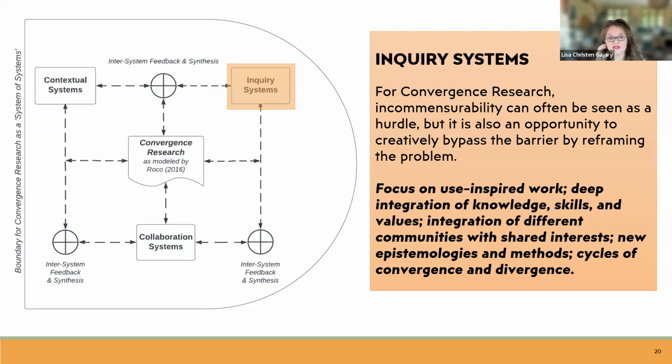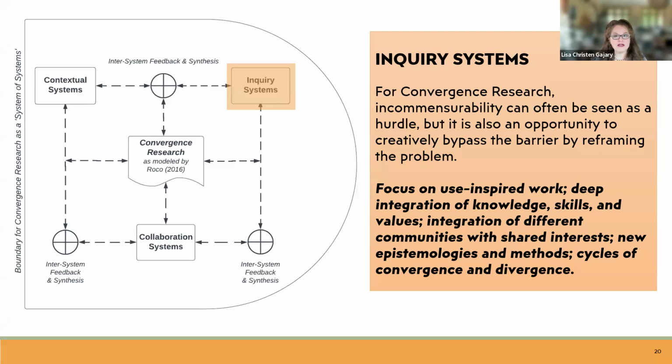This series is focused on deep integration of knowledge, skills, and also values. Not only thinking about integration that way, but also thinking about integration of communities, communities of practice, and those with shared interests, and how new epistemologies, new methodologies, and methods emerge from those interactions.